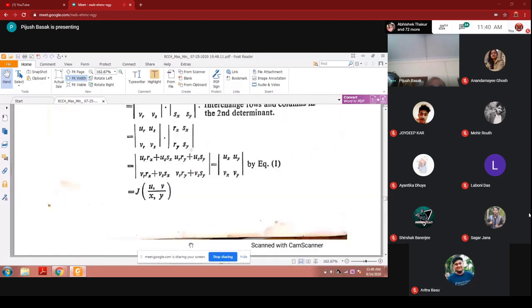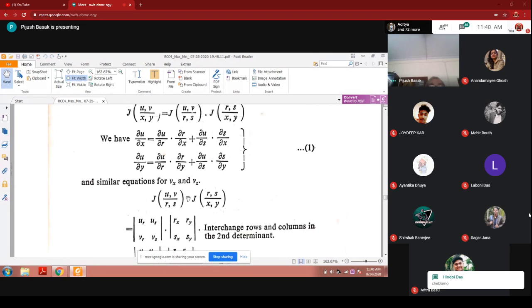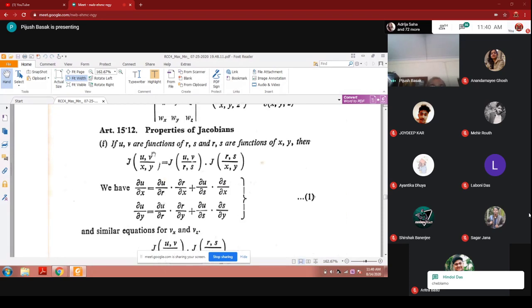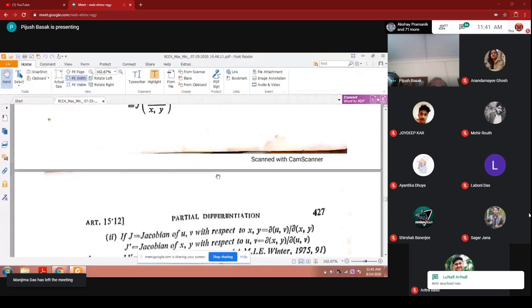The Jacobian of UVXY is equal to the multiplication of the Jacobian of UVRS into the Jacobian of RSXY. You see, this is what I wanted to prove. Both sides are equal, so hence the theorem.